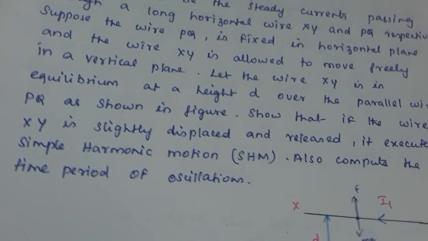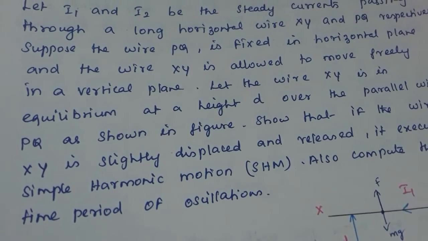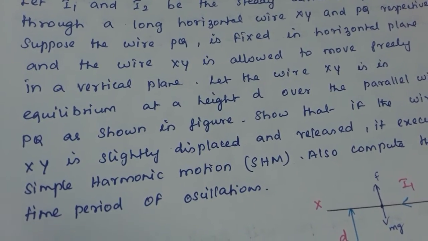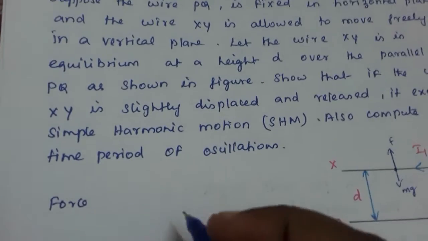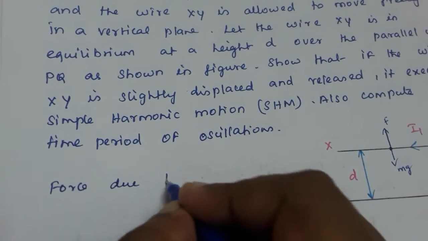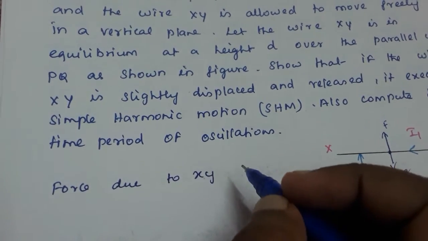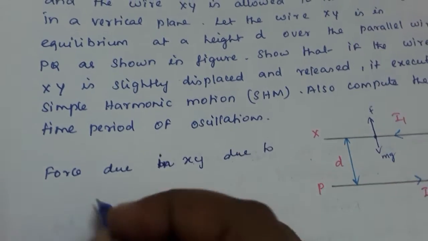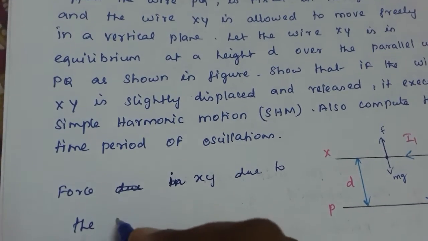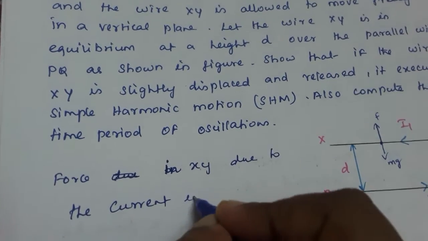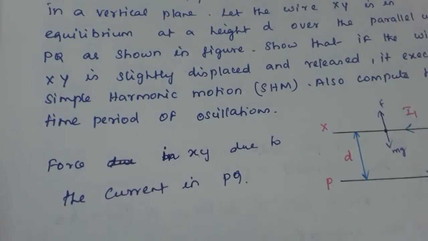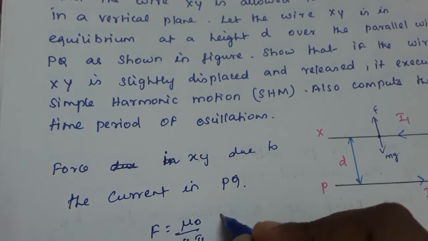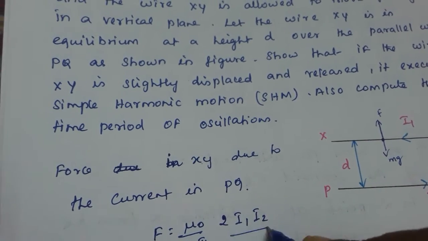Now we can find the force on XY due to the current in PQ. So we can write F is equal to mu 0 by 4 pi into 2 I1 I2 by D.